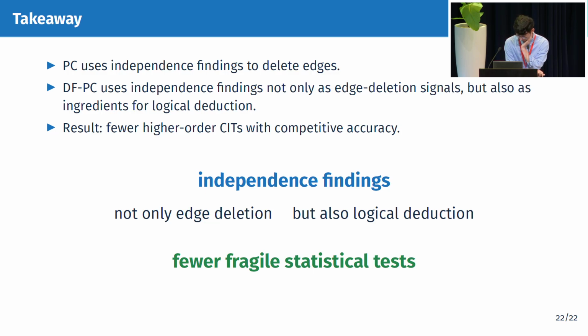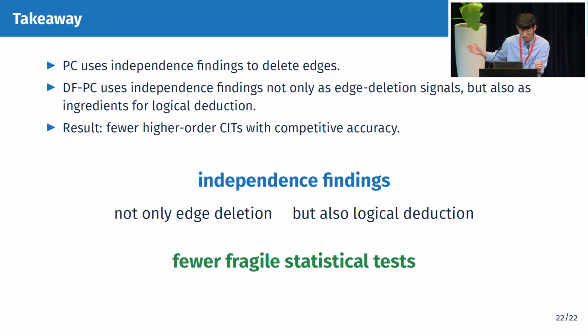Firstly, in this work we mainly focused on the conditioning set size as a proxy for the reliability of the tests. Actually, there might be other factors affecting the reliability of the conditional independence test. For instance, take the chi-square or G-square test in the discrete setting.